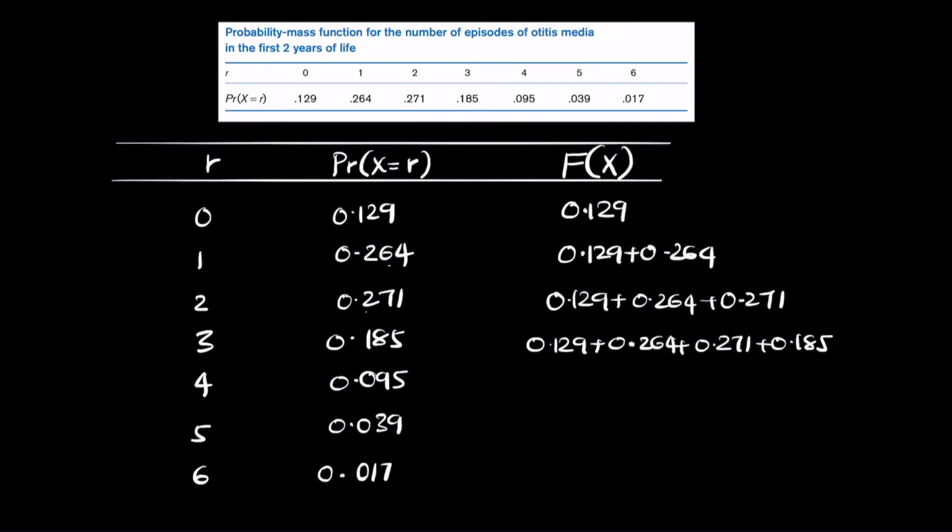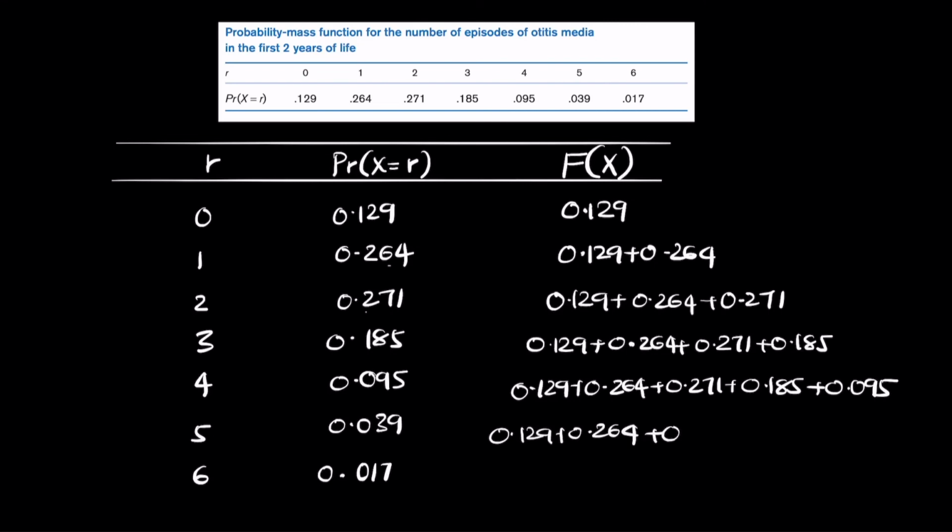Next, for the fourth event, write everything before that. Again, 0.129 plus 0.264 plus 0.271 plus 0.185 plus 0.095. Next, for the fifth one, write everything before that: 0.129 plus 0.264 plus 0.271 plus 0.185 plus 0.095 plus 0.039.